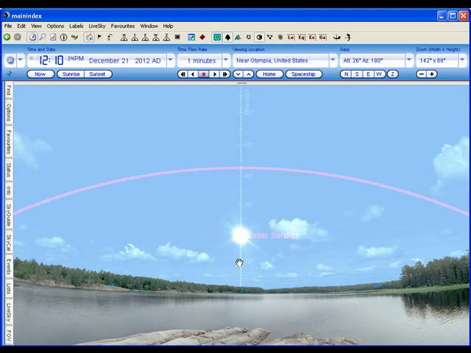If you subtract 47.2 from 90, you will see that it's about 42 and a half or so, and that's exactly where that celestial equator lies.